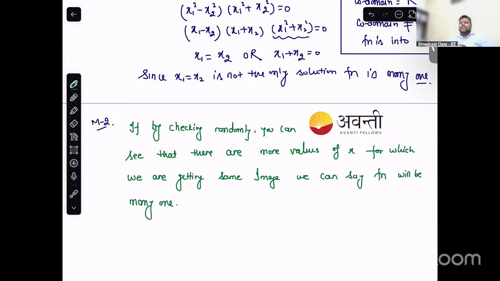Got it? Like you see the function, now you check randomly for 3-4 values. And if you see that images are repeating, say at 2 and at -2 we are getting the same image, then we will say this function is many-one.